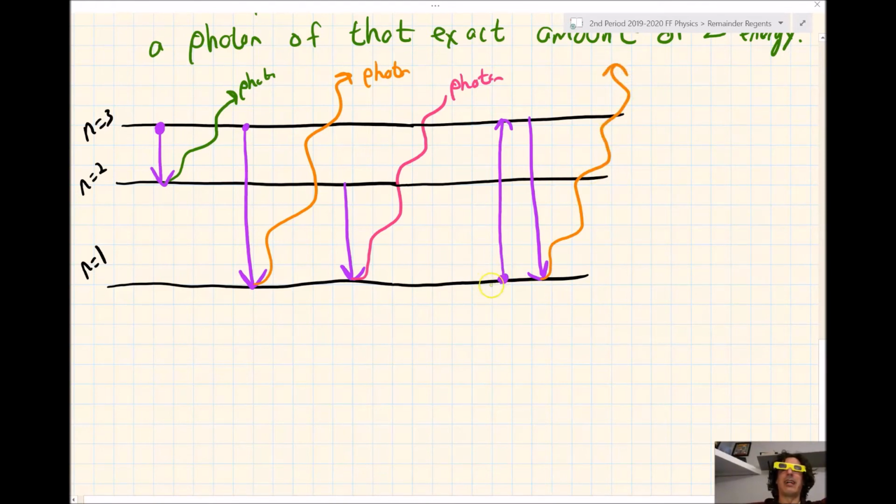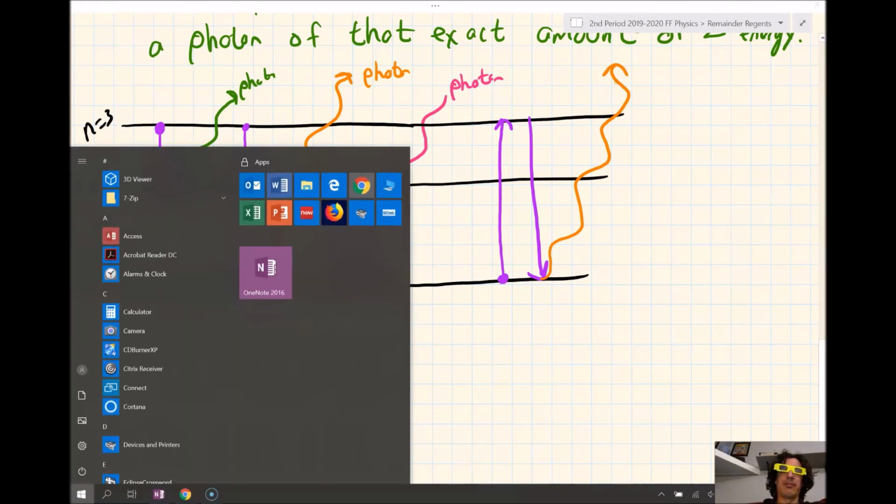So it starts out at n equals 1, we flip the switch, give it electricity, and it gains energy. It disappears, reappears at n equals 3, it's excited, and then it's going to go back down to its normal state and release a photon. So that's how we see those specific colors of light from the fluorescent light tube or gas tube.